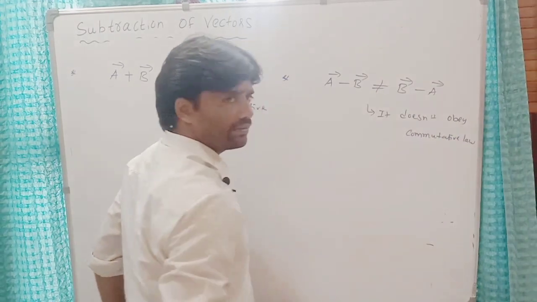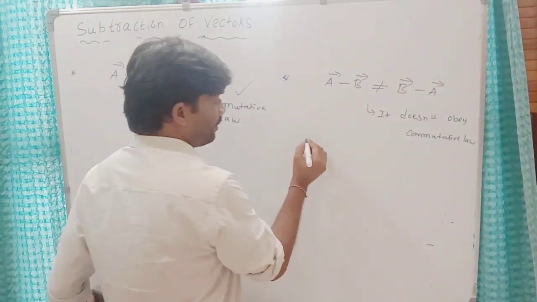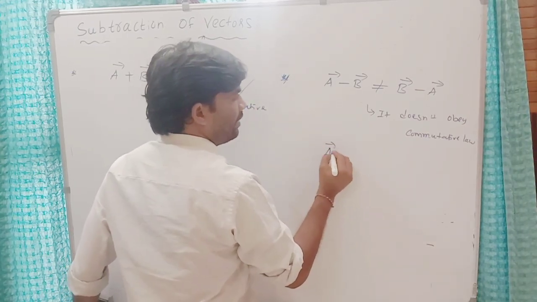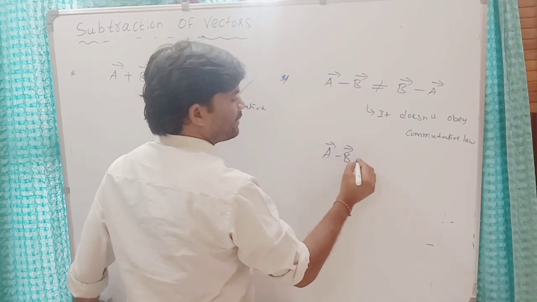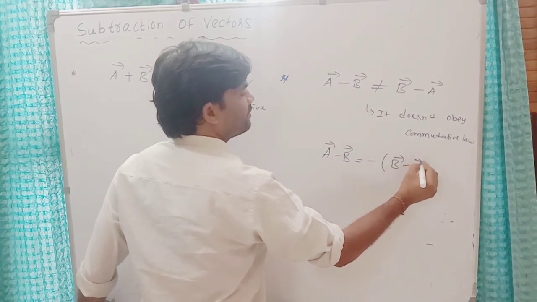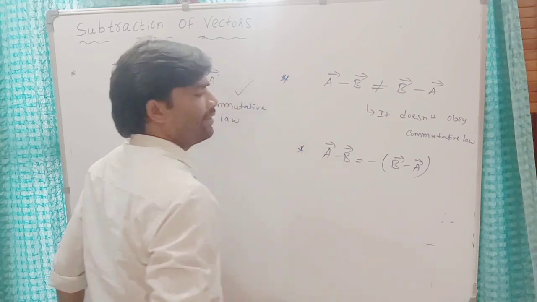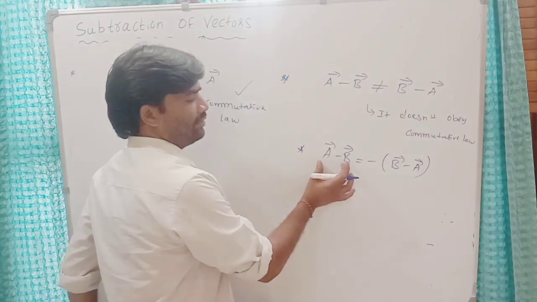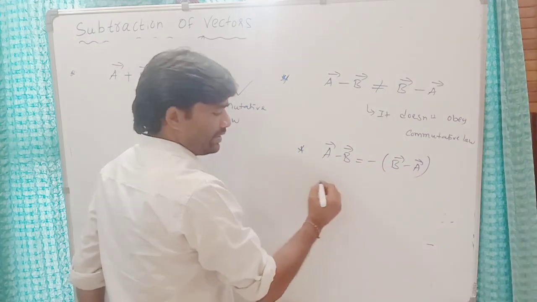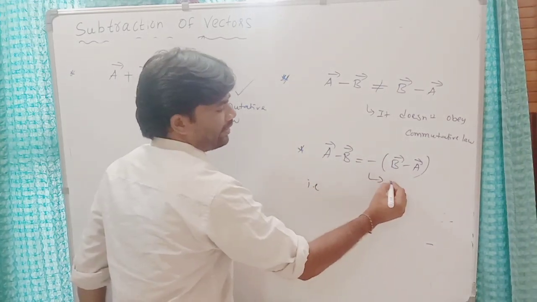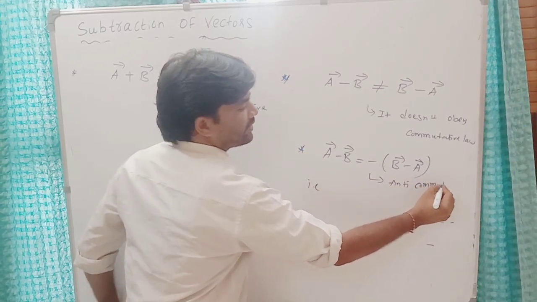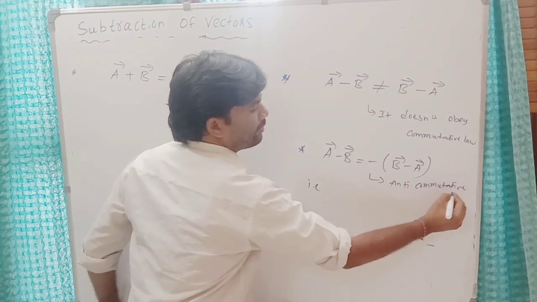Vector subtraction doesn't obey the commutative law, but it obeys the anti-commutative law. Anti means a bar minus b bar is equal to minus of b bar minus a bar. It means these two are equal but opposite. Vector subtraction obeys the anti-commutative law.